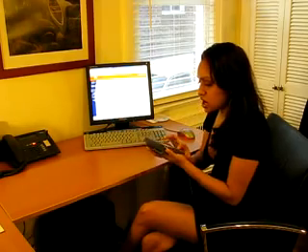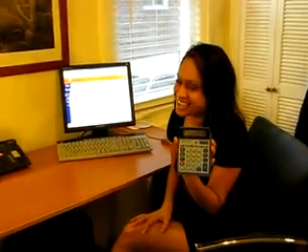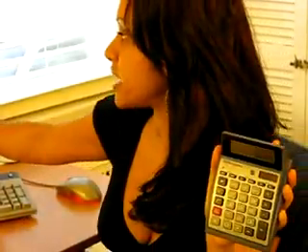So how do I calculate what I'm going to receive at the end of the month? On my handy dandy calculator I put in how much money I have, $50,000, and I multiply that by the interest rate that ING is giving, which is 3.40, and then I hit my percent button. It tells me it's $1,700. Now that would be awesome if you could get $1,700 a month on your $50,000.